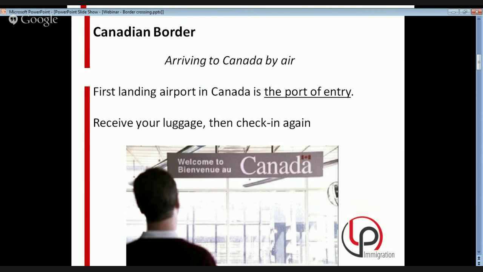Therefore, make sure your flight has enough layover time to allow for all border crossing procedures because they might be quite lengthy, as we will discuss further. You will not be able to run hurriedly from one gate to another if you have short connection. Instead, you'll have to wait for your luggage, complete all border crossing formalities, and board your next flight then. So be prepared.